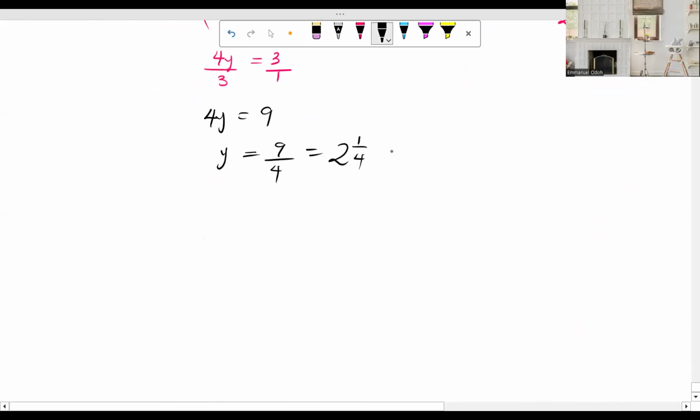Okay, so let's check another one. Number 2. And this one is a jump question. So it's almost the same thing we did.